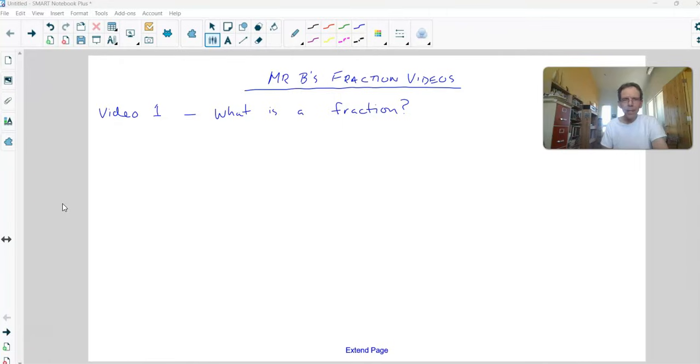So anyway, first of all, let's just ask the question, what is a fraction? And I'd like to just say that a fraction is a number that represents how something's divided up, okay? So here's example one.